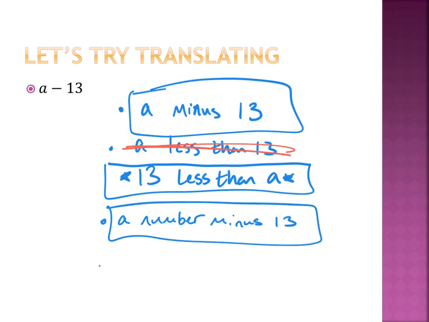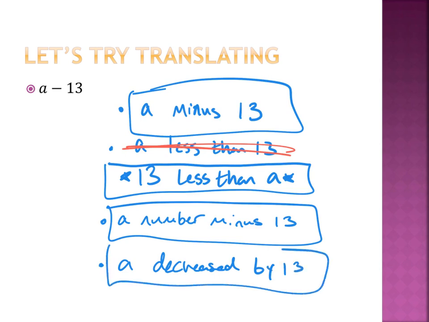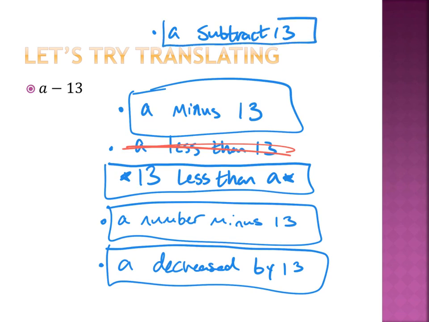You could say A decreased by 13. You could say A subtract 13. Yeah, you could also say A subtract 13. Okay? All of those are good, but the main one I wanted to highlight was the one right here where you've got to make sure when you use less than that you flip it. Okay? I wrote it wrong on purpose to make sure that you know you have to flip it.